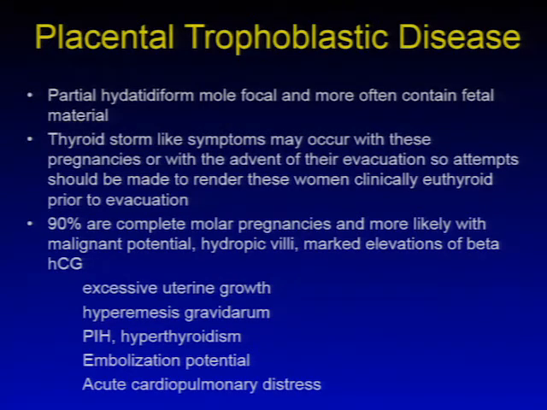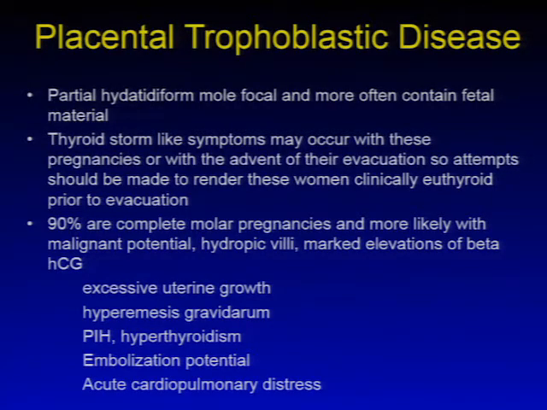Thyroid storm-like symptoms may occur with these pregnancies or with the advent of their evacuation, however, so attempts should be made to render these women clinically euthyroid prior to their evacuation, and requires preoperative assessment of the mother.